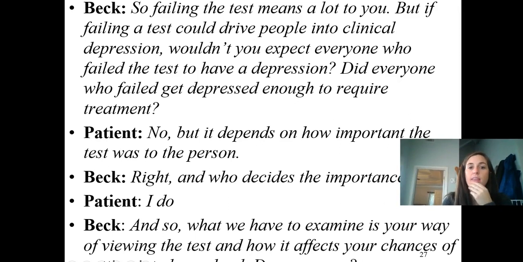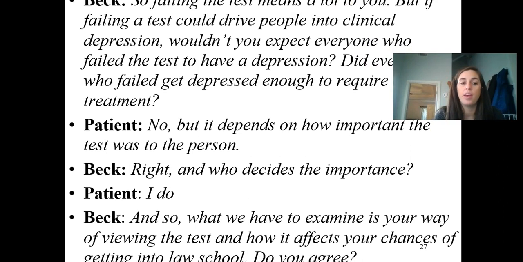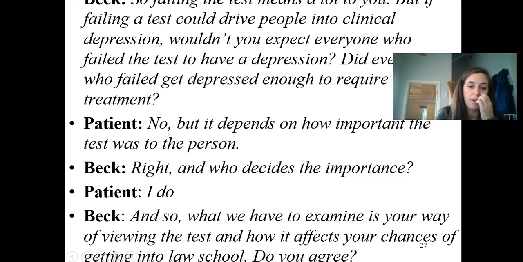But if failing a test could drive people into clinical depression, wouldn't you expect everyone who failed the test to have a depression? Did everyone who failed get depressed enough to require treatment? Patient: No, but it depends on how important the test was to the person. Therapist: Right, and who decides the importance? Patient: I do. Therapist: And so what we have to examine is your way of viewing the test and how it affects your chances of getting into law school. Do you agree?